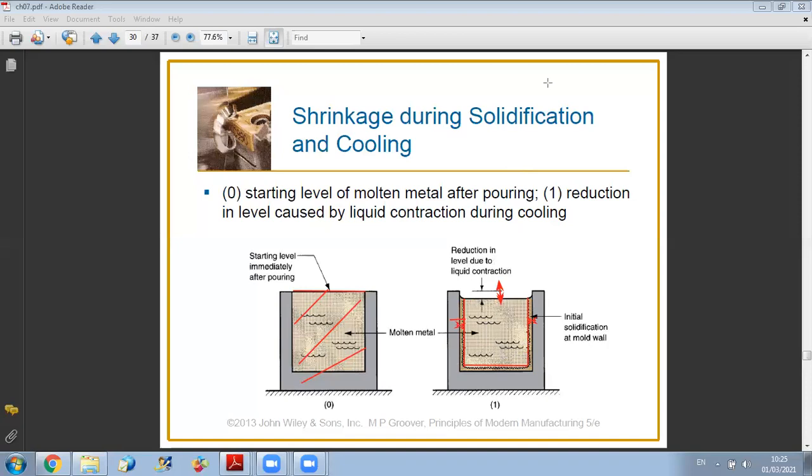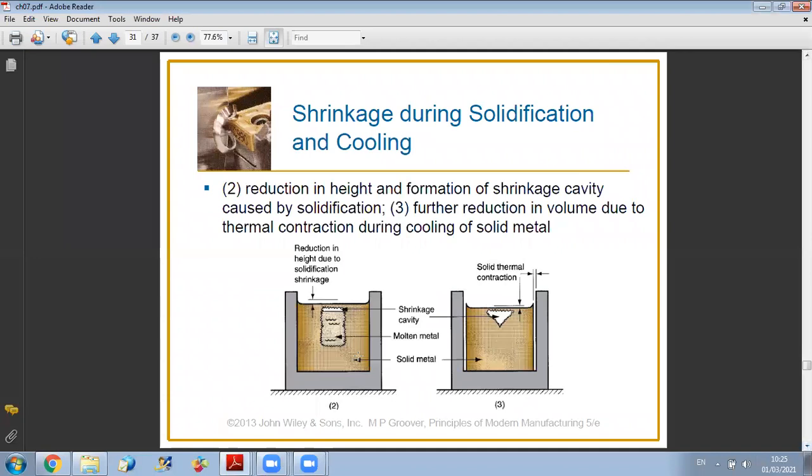Once we reach complete solidification and we continue to cool our solid, the density will further increase, and then you will have what is called solid thermal contraction, because the solid is not like a fluid.